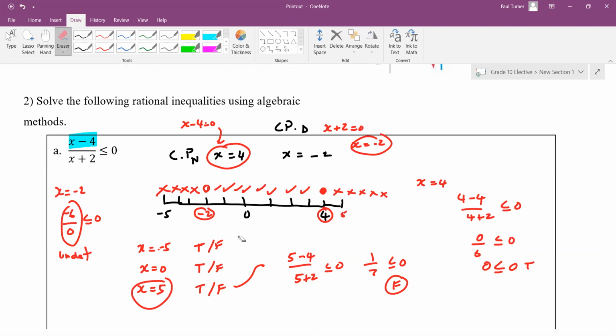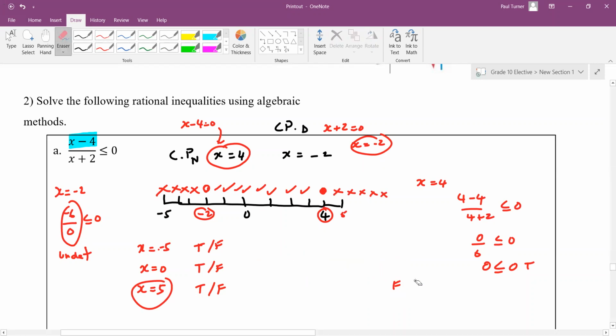So now we can see our solution from this number line. So our solution will be from minus 2, but not including minus 2. So x is a member of the set minus 2 to 4, but including 4, like that. So this will be your solution to this problem.